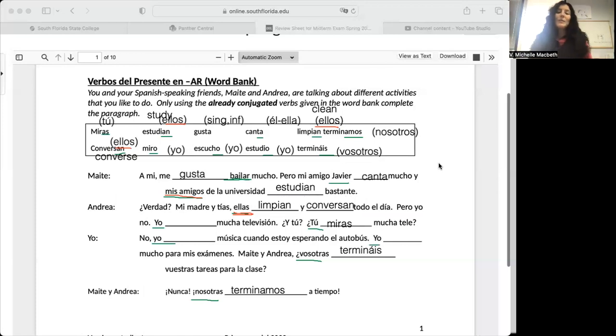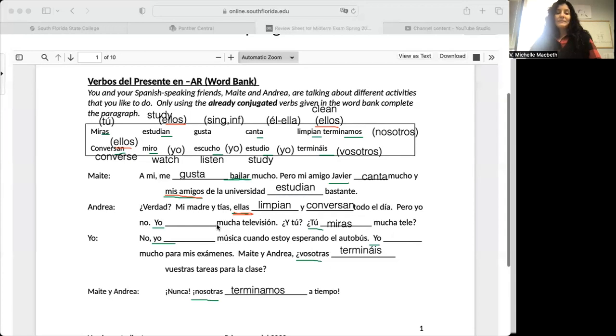So now we have 3 blanks that say yo, and we have 3 yos. We have miro, escucho, estudio. So now I would want to say, what do these ones mean? So miro, watch. Escucho, listen. Estudio, study.